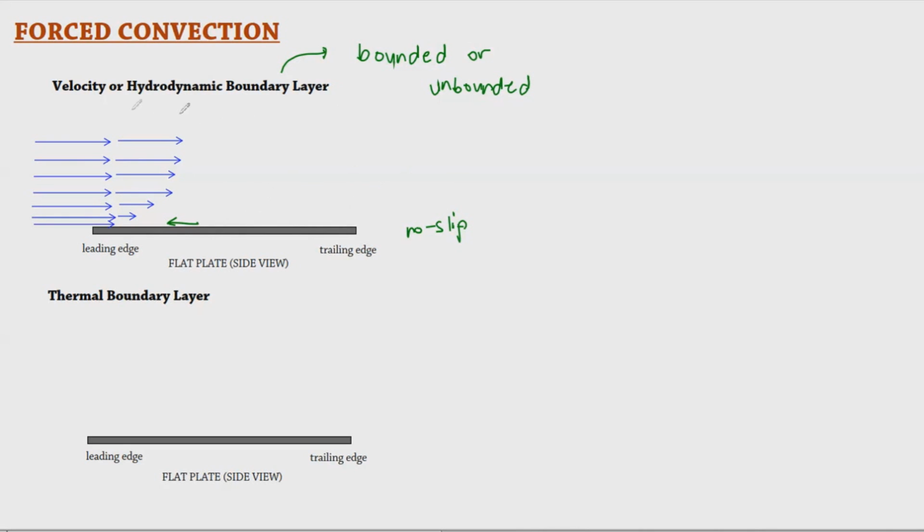And remember, we're considering the unbounded boundary layer. And when we talk about the velocity or hydrodynamic boundary layer thickness, we're actually measuring the region wherein the velocity of the free streamline would be almost equal to the velocity at this portion, which is just the end of the thickness.